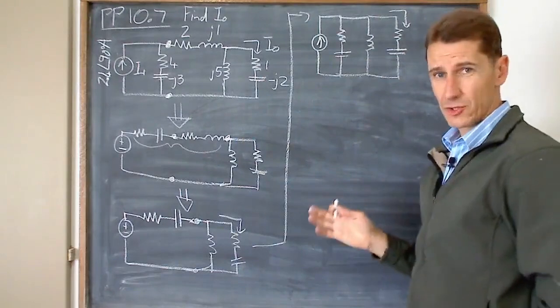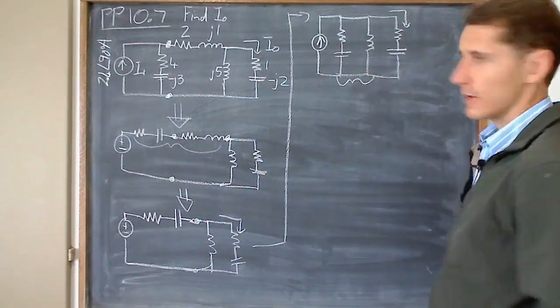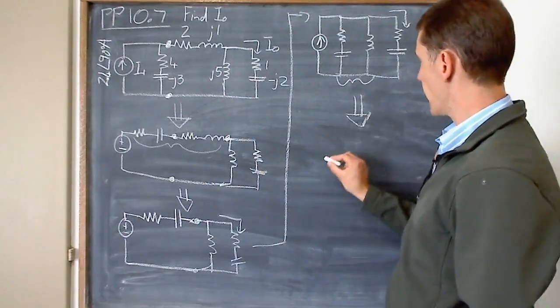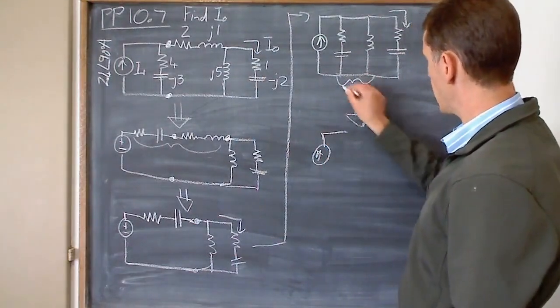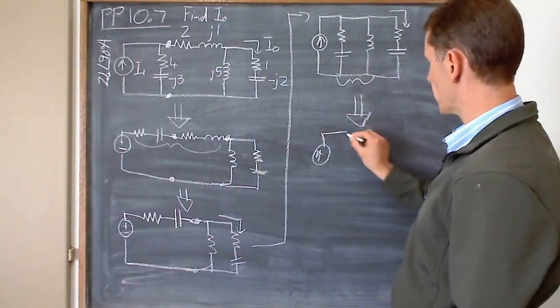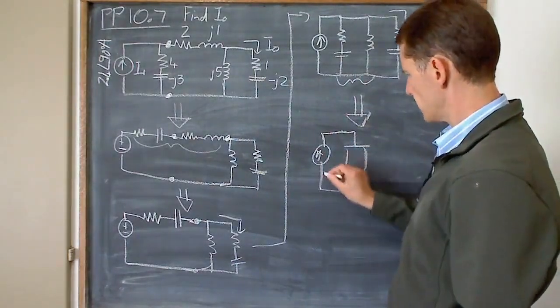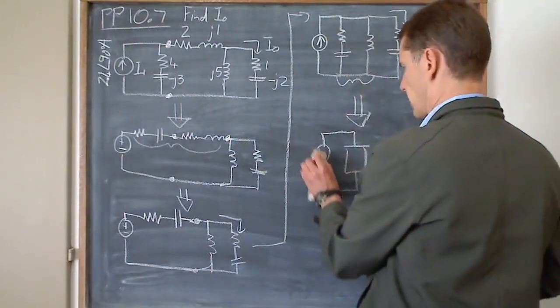Now we're getting too close to a current division, but I still need to combine those two. So one last simplification we have to do is to keep my current source in there, and now we're going to get that parallel combination.